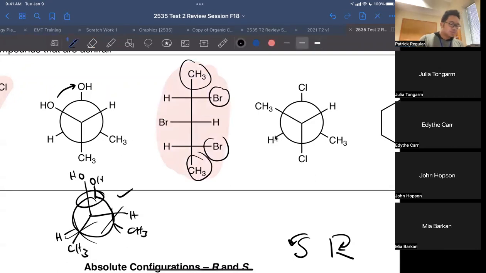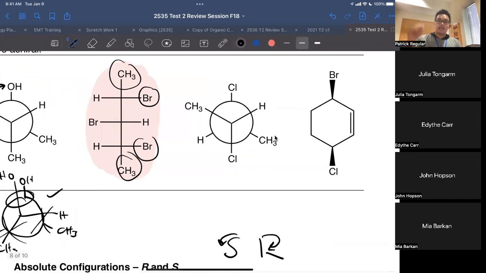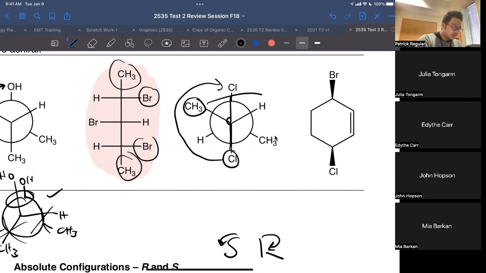For this one, we have another Newman projection. And what do we want to do with that? Well, we want to rotate it so that they match up. So let's rotate the CH3 180 degrees over here. Bond angle of 180.